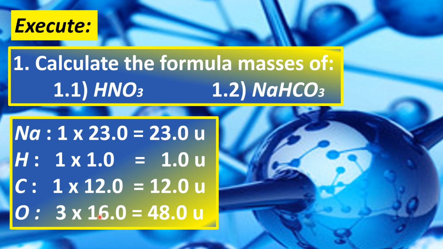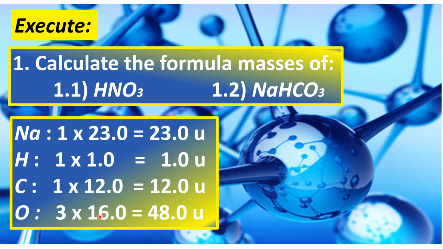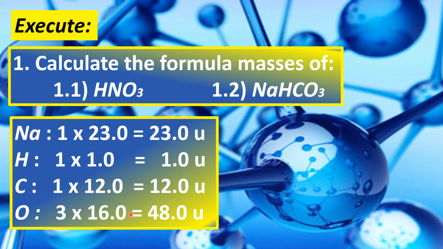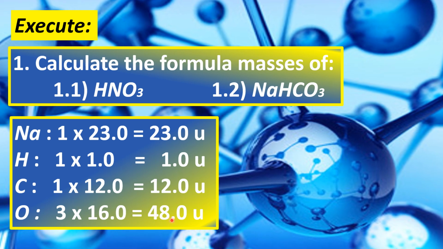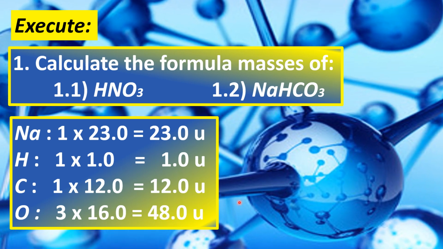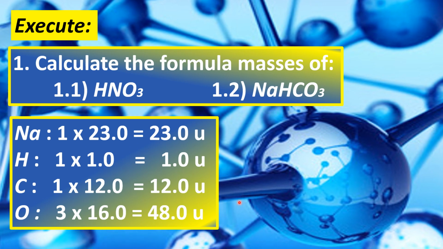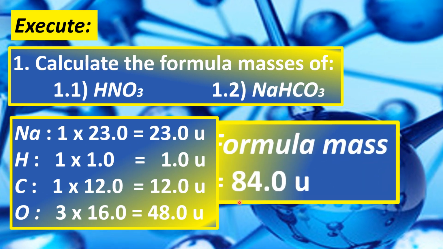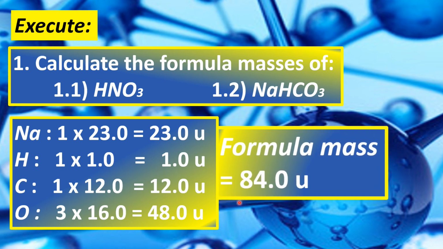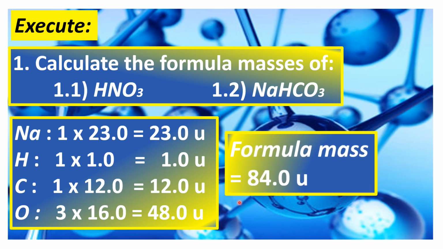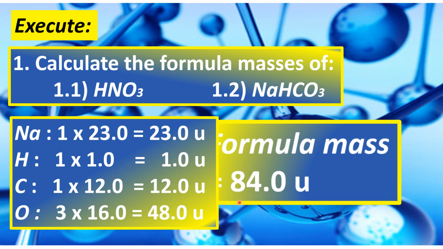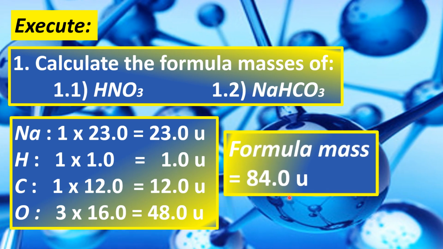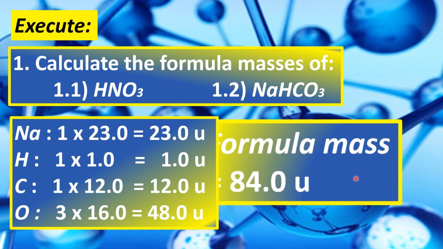So the atomic mass of an oxygen atom is 16.0 U. So times 3, we get 48.0 U. And that gives us a total of 84.0 U, which is, of course, the formula mass for the compound sodium bicarbonate, which is also an ionic compound.